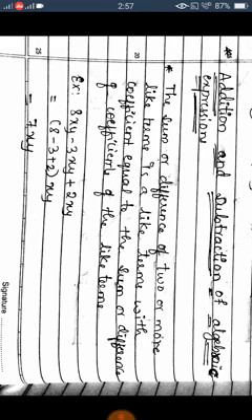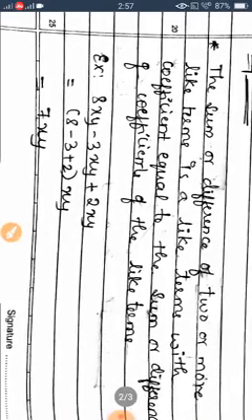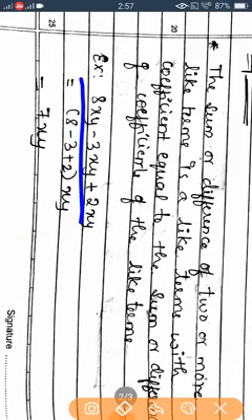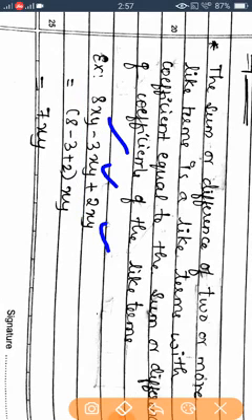For example, here I have taken 8xy minus 3xy plus 2xy. See here, xy, xy, xy. All three terms have xy as the same algebraic factor, so we can add or subtract the numerical factors or coefficients of those.